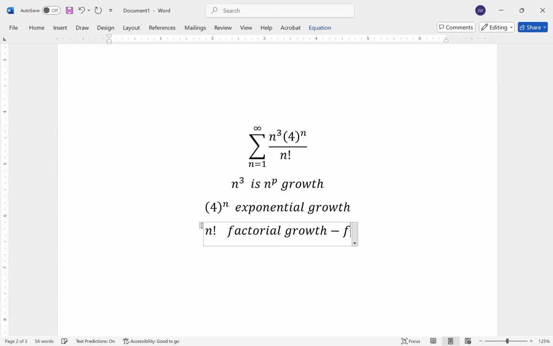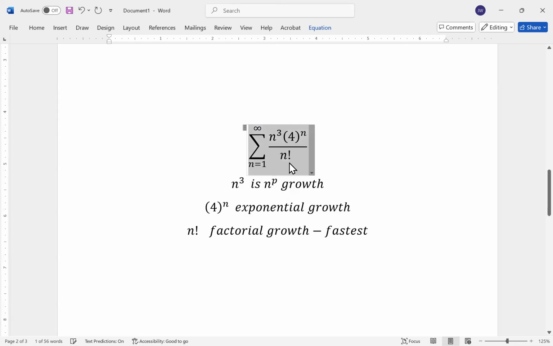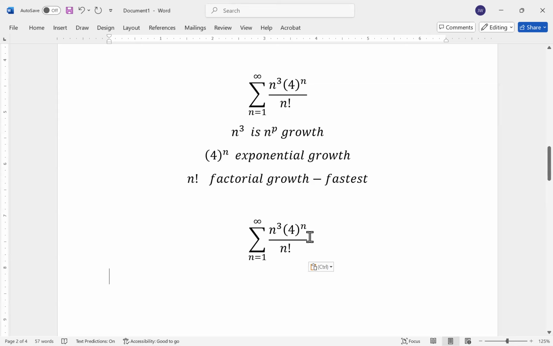This factorial growth is the fastest. Now, does it matter that there are two different types of growth being multiplied on top? It turns out no. The factorial will dominate as long as n gets really, really big. When n gets really big, the factorial is going to take over, and so this thing is going to behave similar to 1 over n factorial.